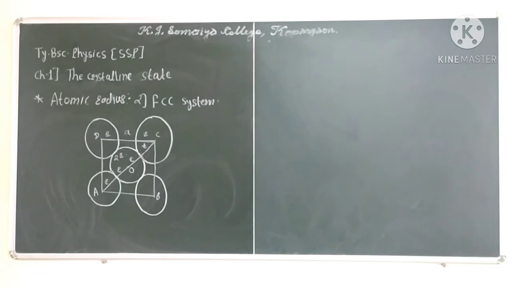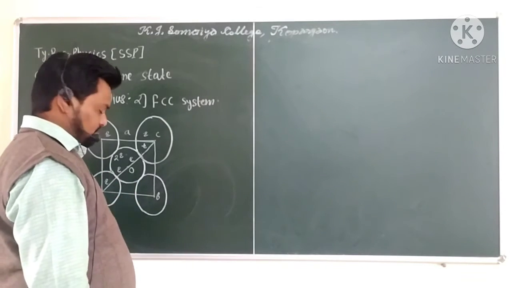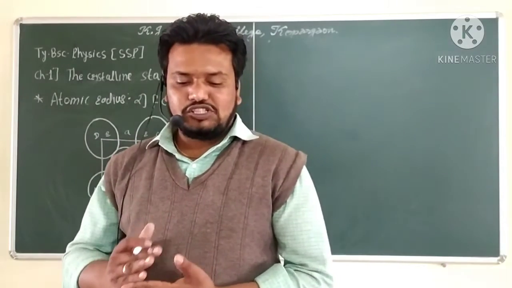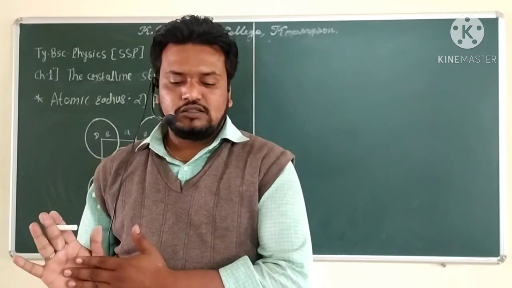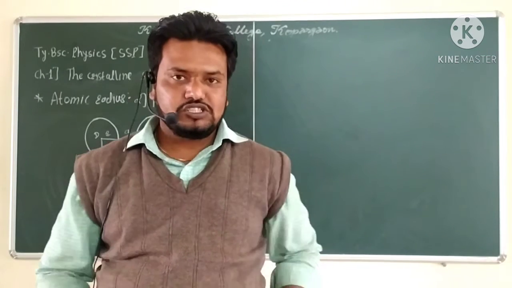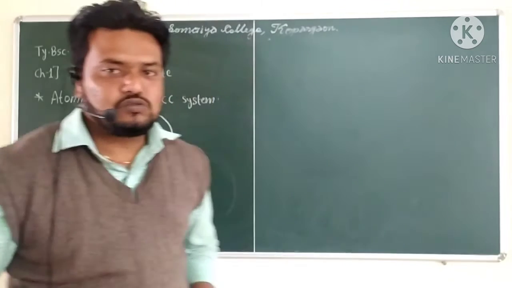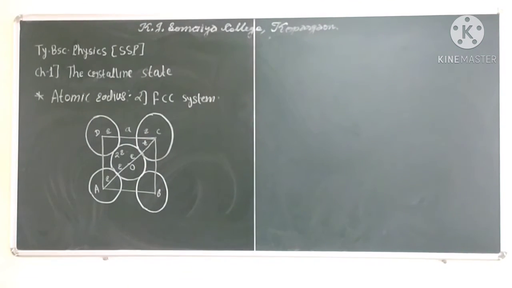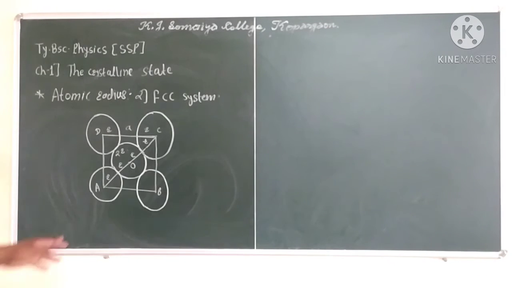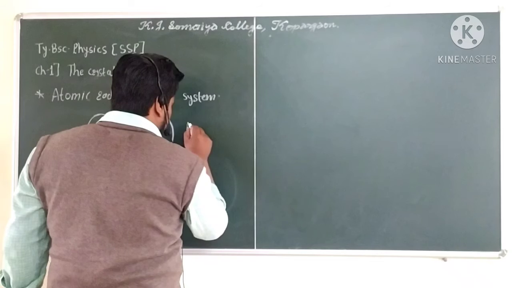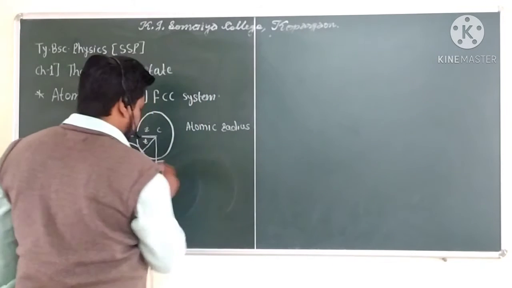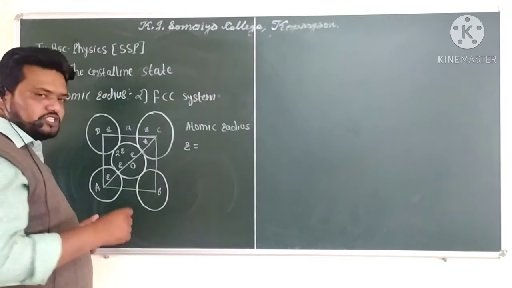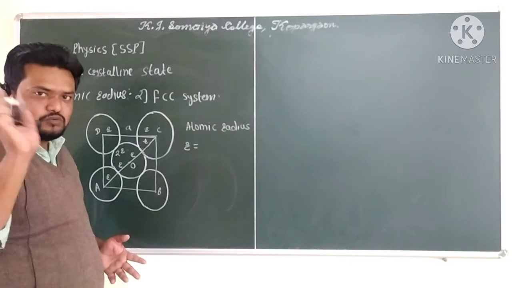The radius is considered as half of the distance between two neighboring atoms.